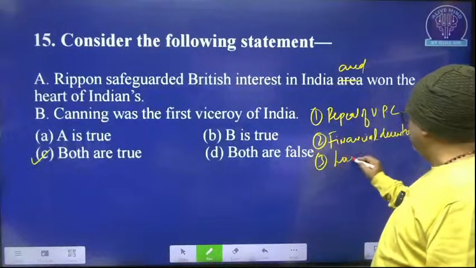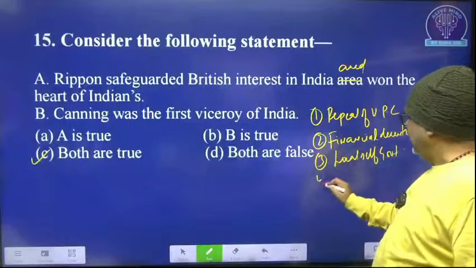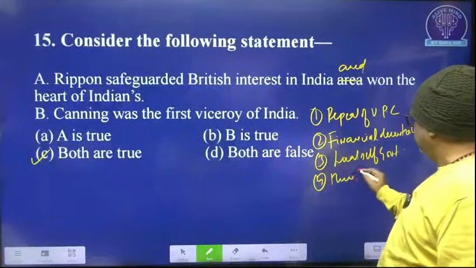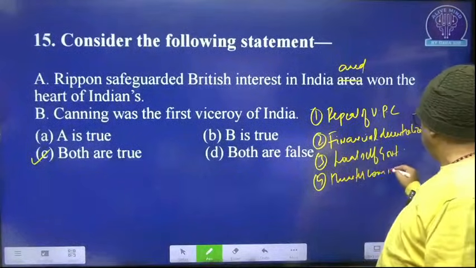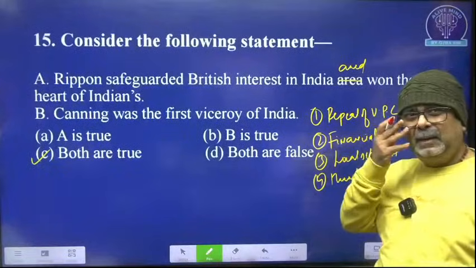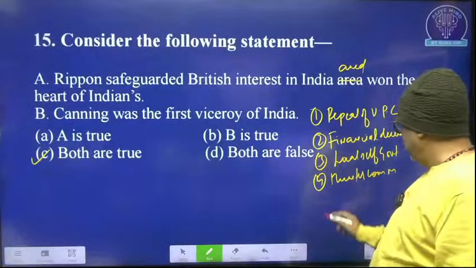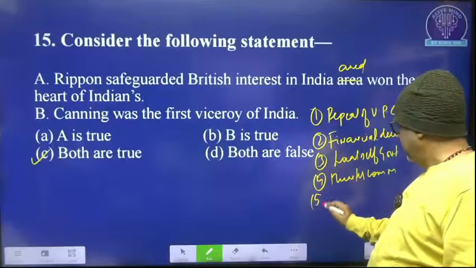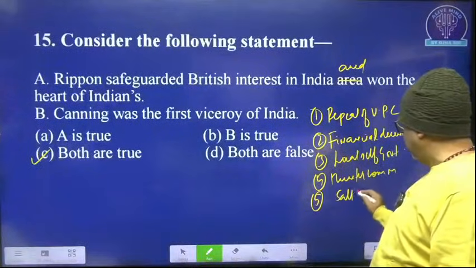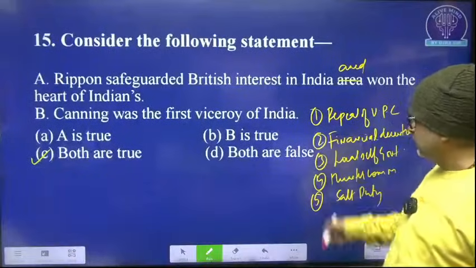Local self-government. Hunter Commission for education. Reduction in salt duty. These were the steps of Ripon.